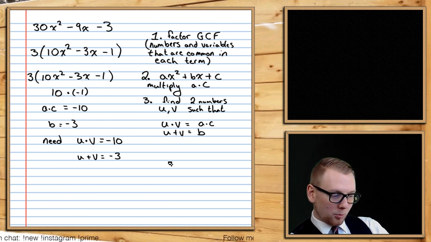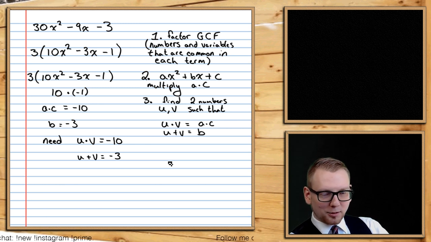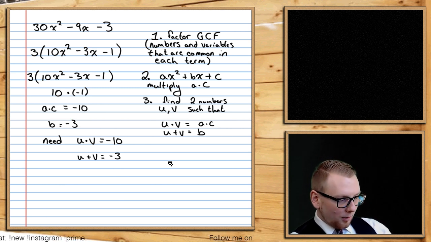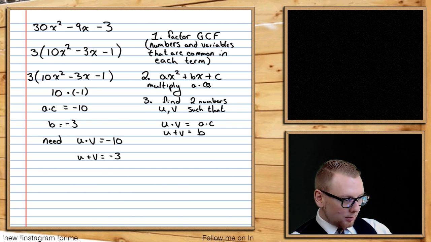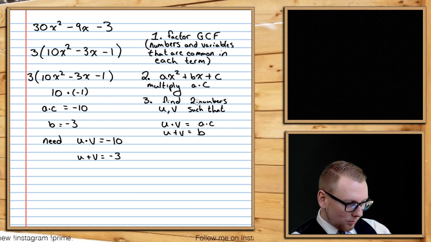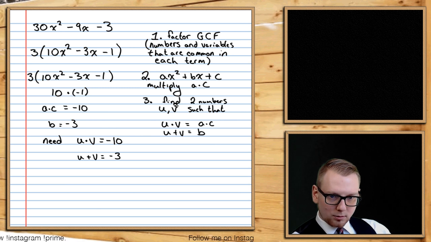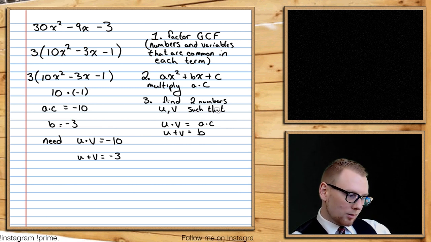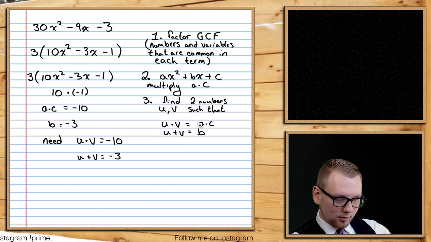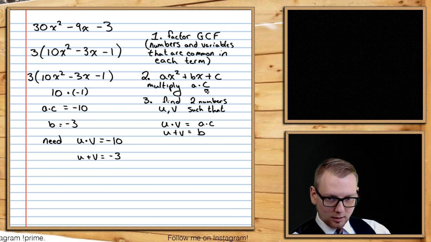Okay, no worries. I just wrote down a few little things. In step 3, can you understand what I mean by find two numbers, u and v, such that when they're multiplied together, they give you the a times c that we had, and that they add together to give you b?